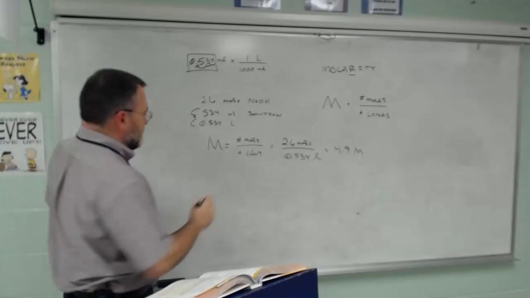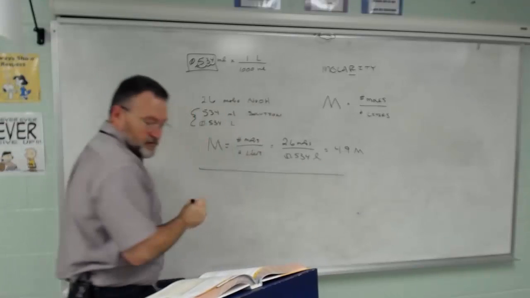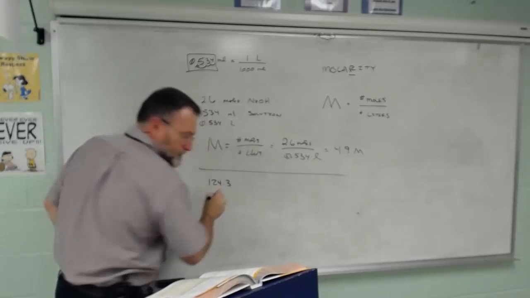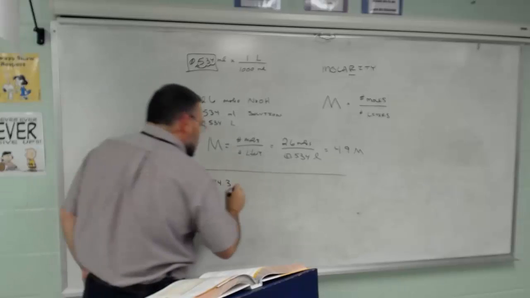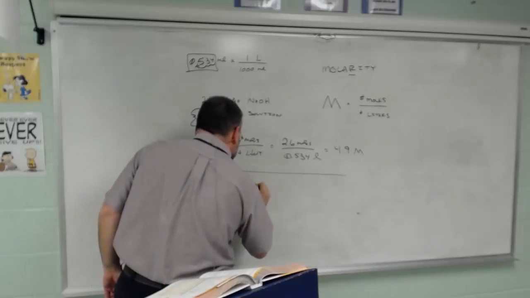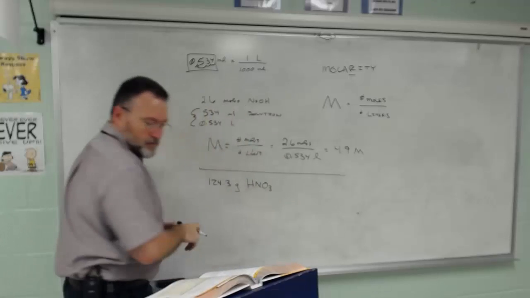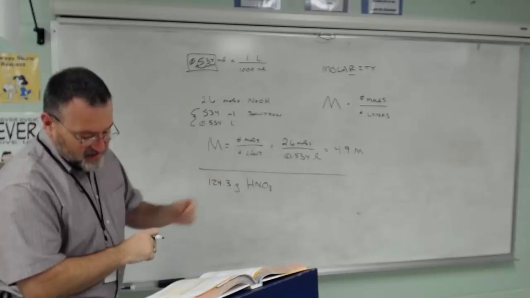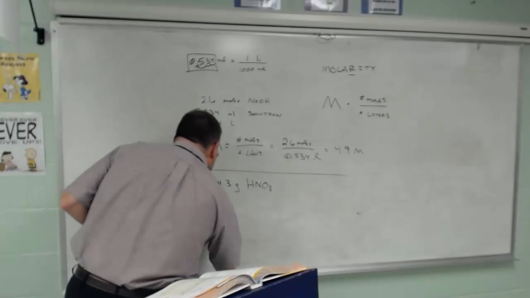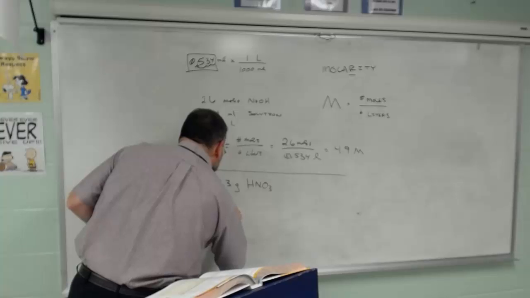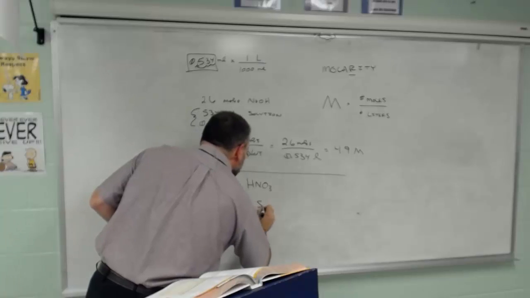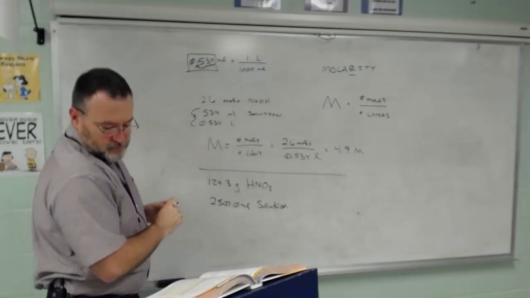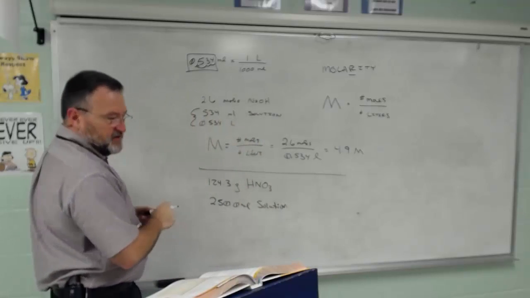In the same way, the second part of the example asks the question, if a student dissolves 124.3 grams of HNO3, okay, in enough water to make 250 milliliters of solution, what is the resulting molarity?